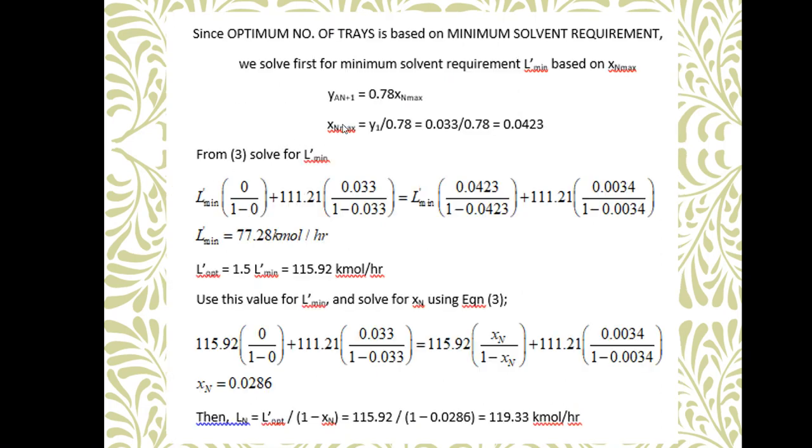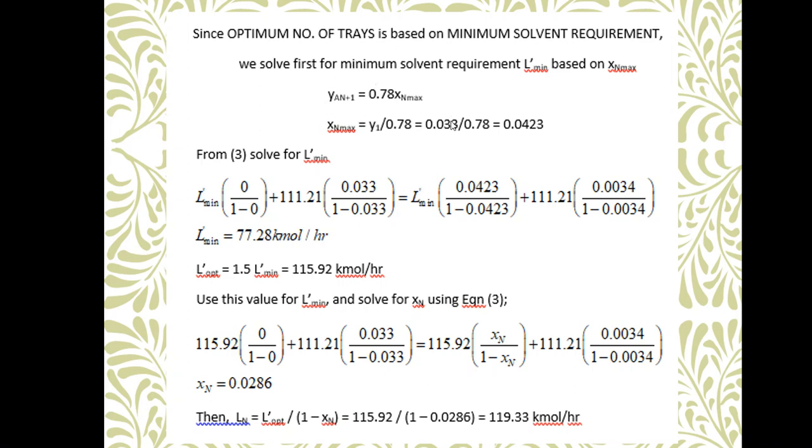So we have this already. And from here, we can determine the Xn maximum. What would be the maximum moles of ethyl alcohol that will be reflected in the solvent leaving the column if we are to use this amount of solvent, or rather if we are using a mixture that has this particular mole fraction of the gas?